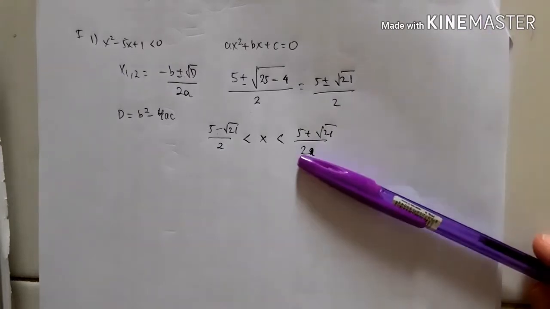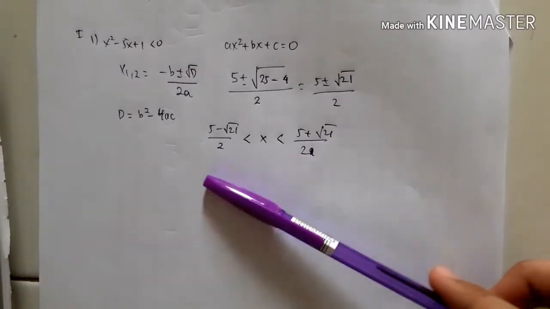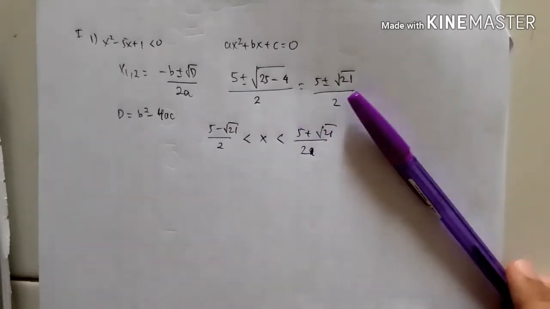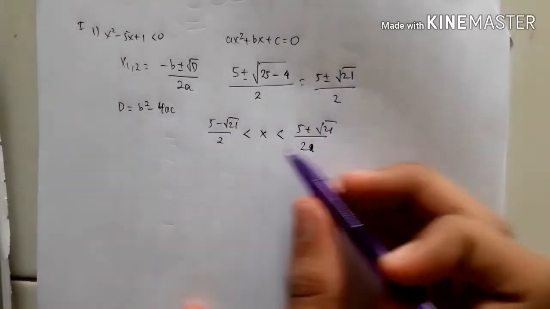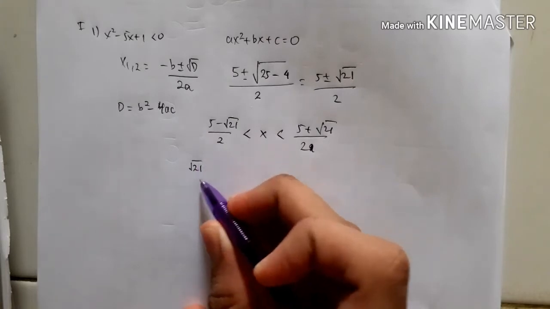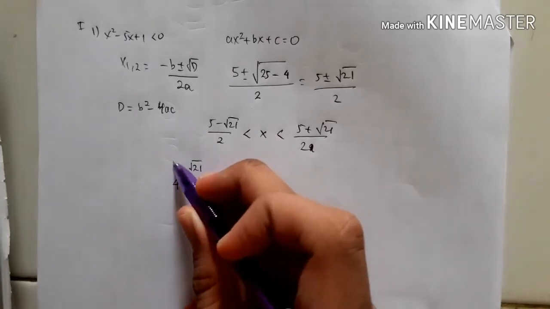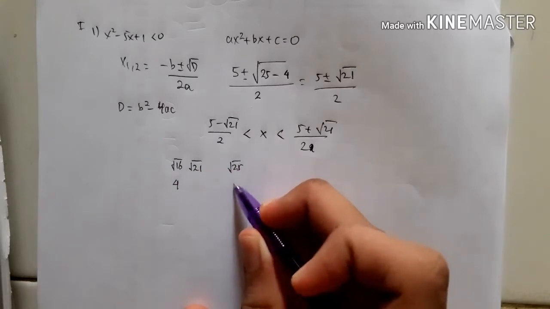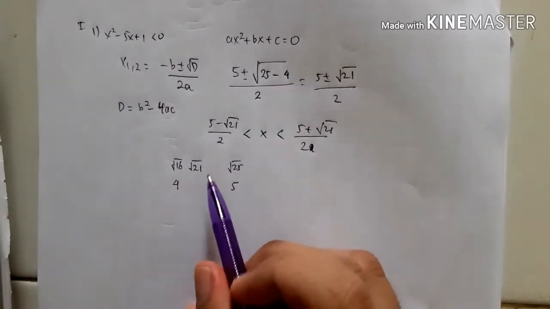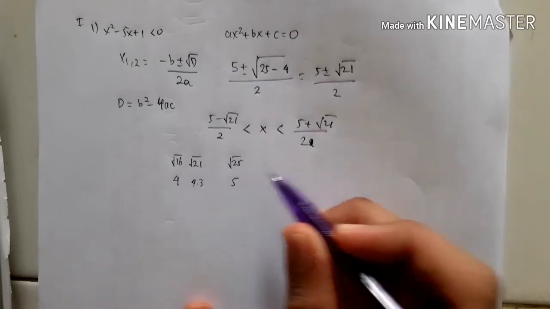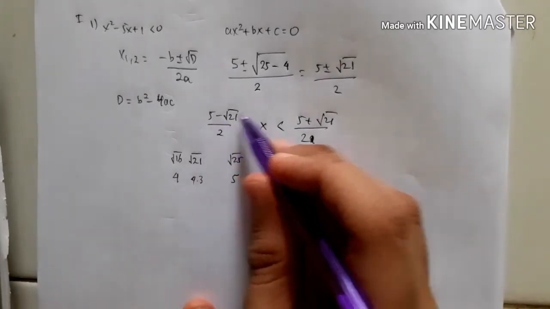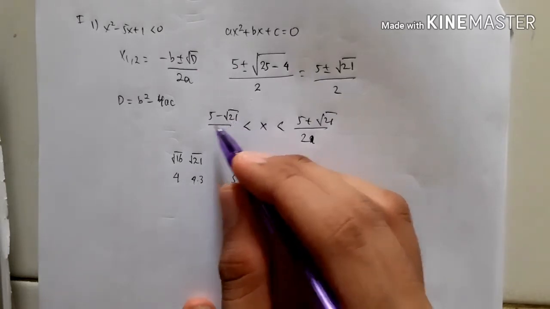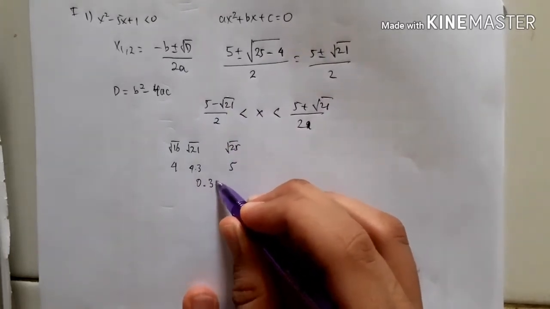From there we should predict the interval of the integers, and we can predict that root 21 is a little more than 4, because 4 is root 16, but it is less than root 25, which is 5. So let's say that it is 4.3. Then 5 minus 4.3 is 0.7, divided by 2 is 0.35.